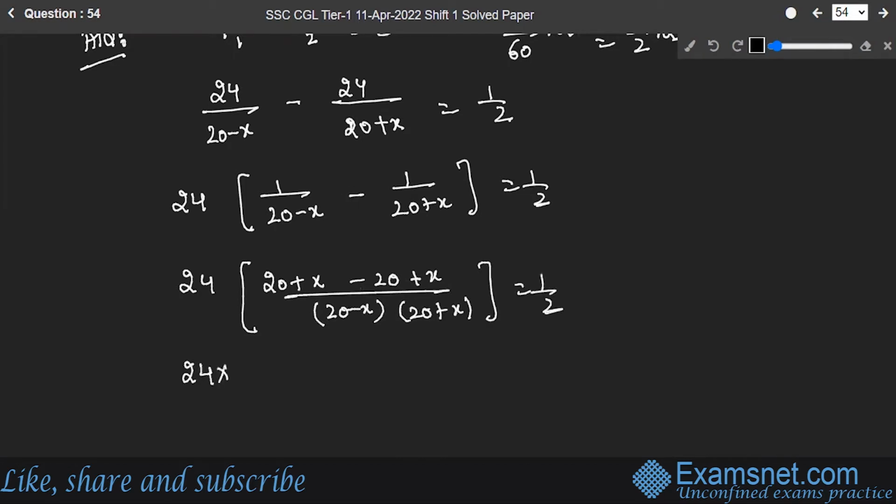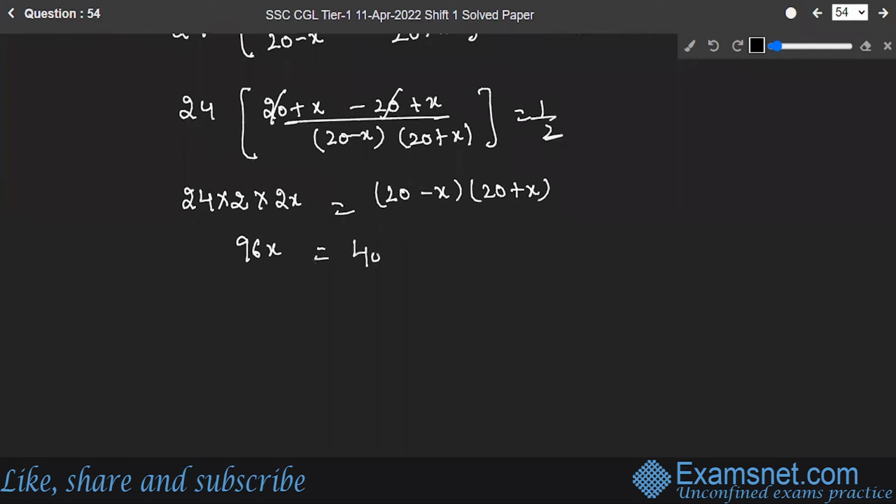So 24 into 2, these 20 will cancel, into 2x is equal to 20 minus x into 20 plus x. This will give you 96x is equal to 400 minus x square, or x square plus 96x minus 400 is equal to 0.